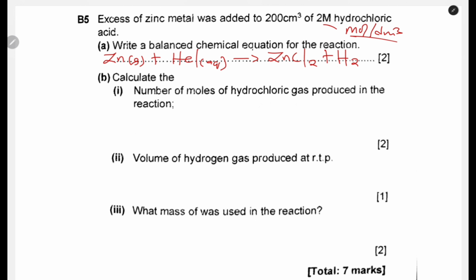Okay, so how do we calculate the number of moles of hydrochloric acid used in the reaction? So for the number of moles of hydrochloric acid, we look at the information that we are given. The information that we are given is the molarity of hydrochloric acid. So we are going to use the concentration. So number of moles of HCl is equal to concentration multiplied by volume.